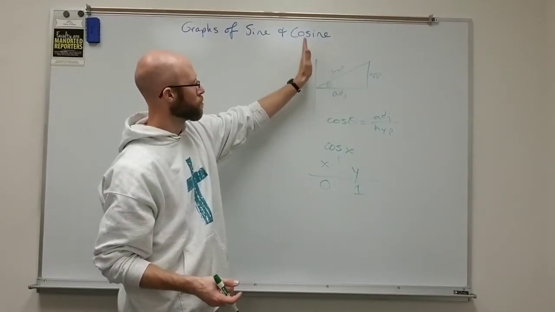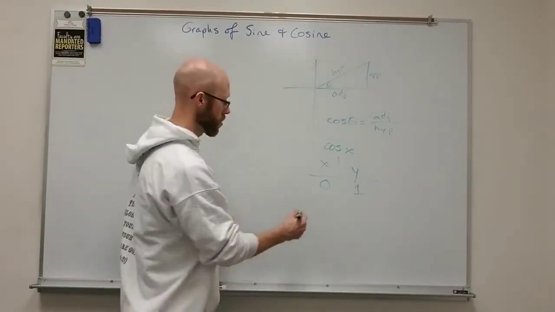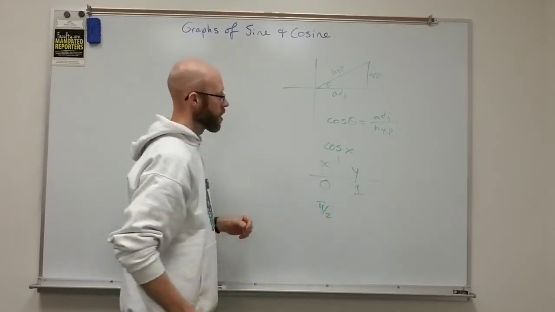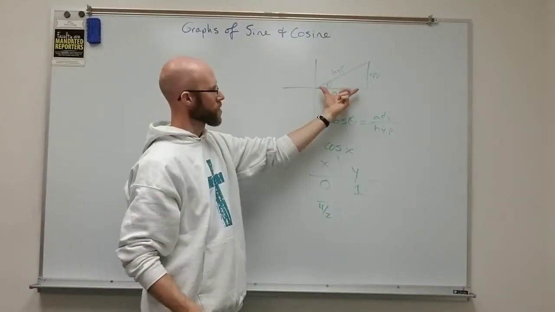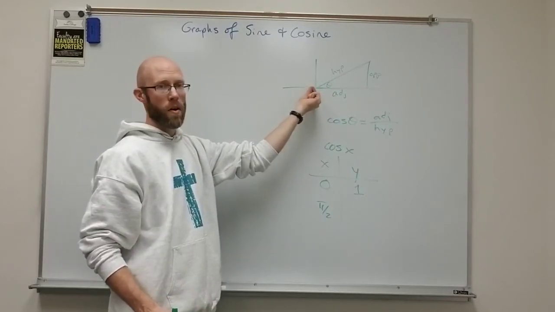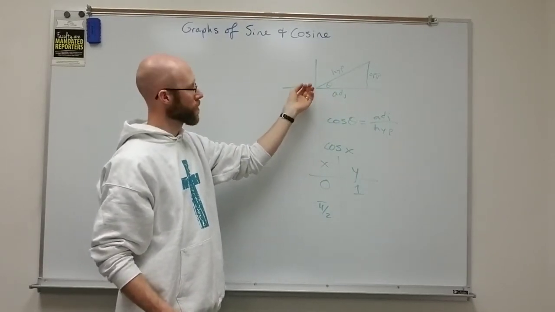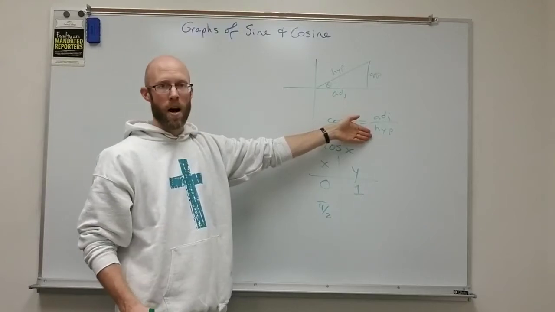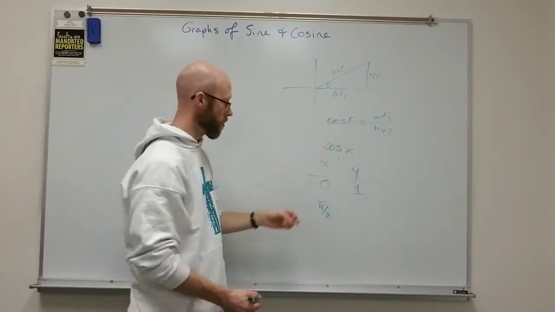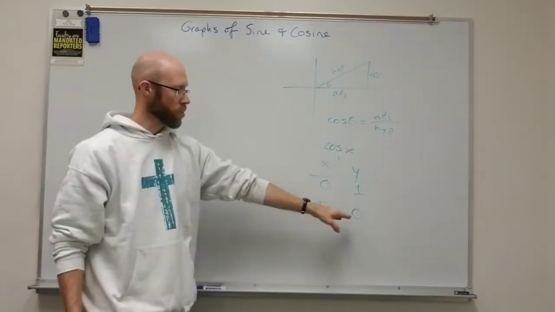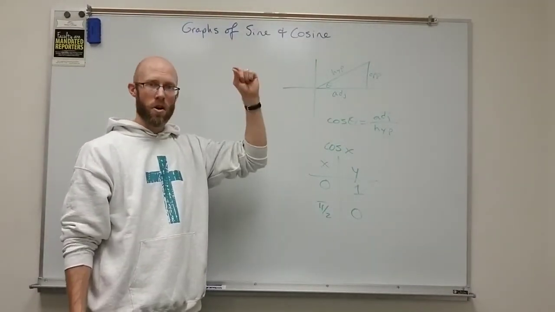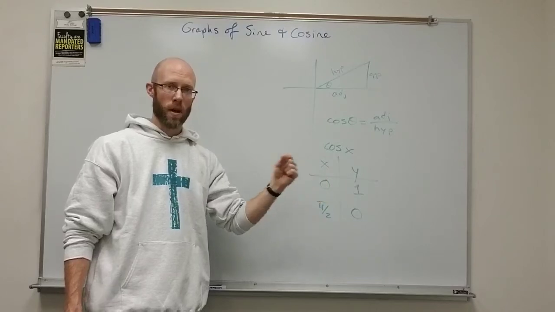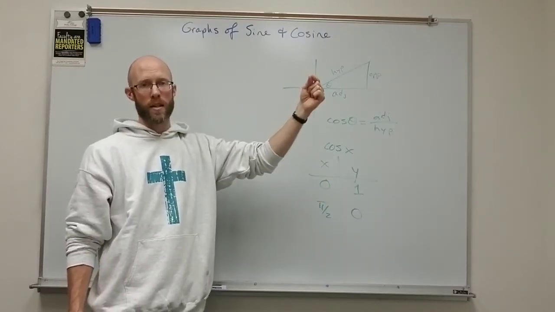When you go up to pi over 2, the adjacent side essentially shrinks to 0. And so you have 0 over the hypotenuse, which is 0. Okay, so the ratio becomes 0. And so what you end up with on the cosine is you start at 1 and go down to 0, rather than starting at 0 and going up to 1 like on the sine.